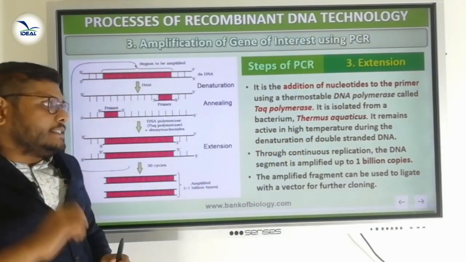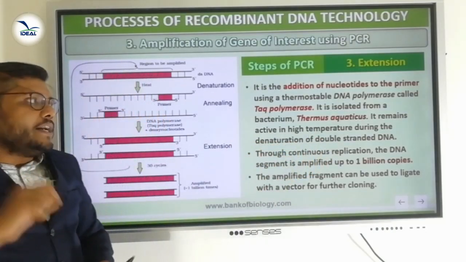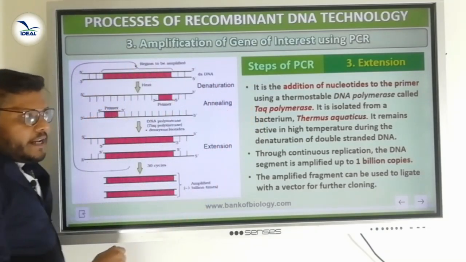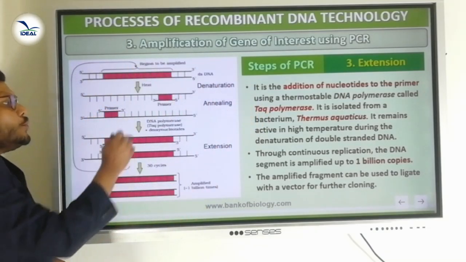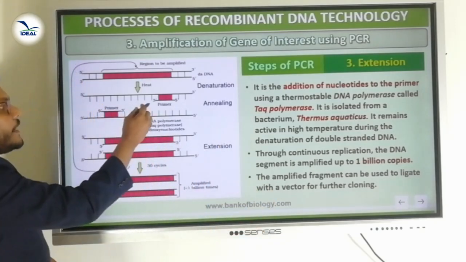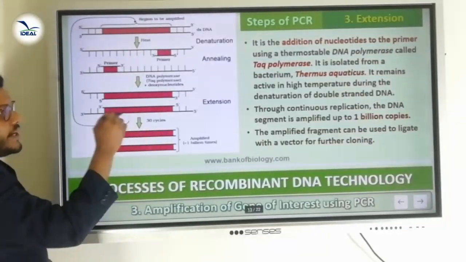It remains active at high temperature during the denaturation of double-stranded DNA. With the help of Taq polymerase, we add nucleotides to the primer. By adding nucleotides, the primer extends to make two double-stranded DNAs.